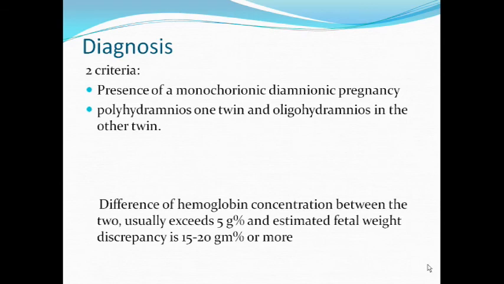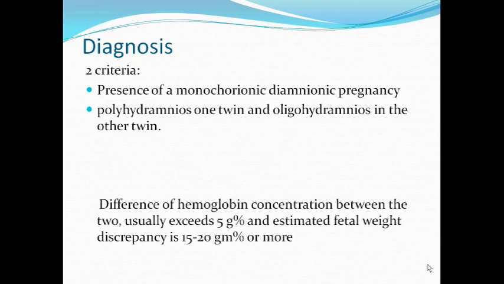So for diagnosis of twin transfusion syndrome, there are two criteria. There should be presence of monochorionic diamniotic twin: monochorionic, one placenta, diamniotic. Second criterion, poly in one twin while oligo in the other, the poly-oligo sequence.